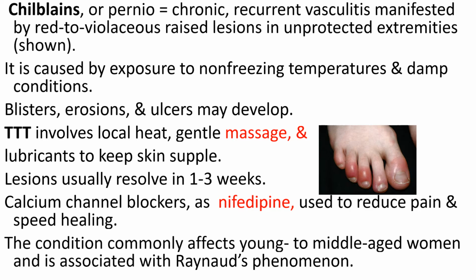Treatment involves local heat, gentle massage, and lubricants to keep skin supple. Lesions usually resolve in 1 to 3 weeks. Calcium channel blockers such as nifedipine are used to reduce pain and speed healing. The condition commonly affects young to middle-aged women and is associated with Raynaud's phenomenon.